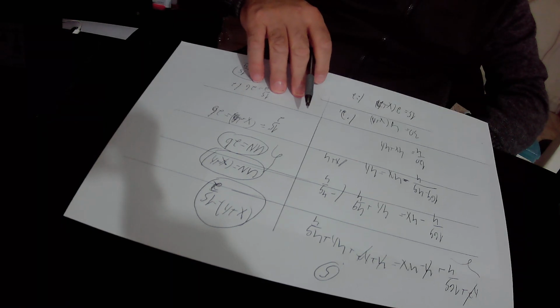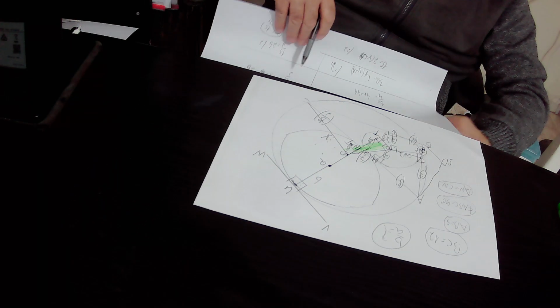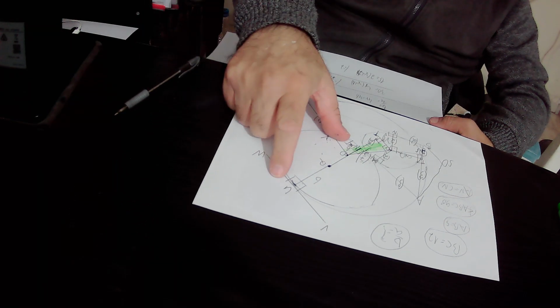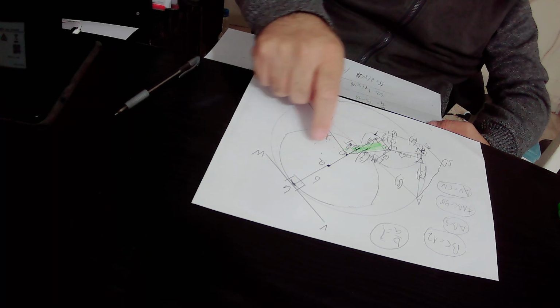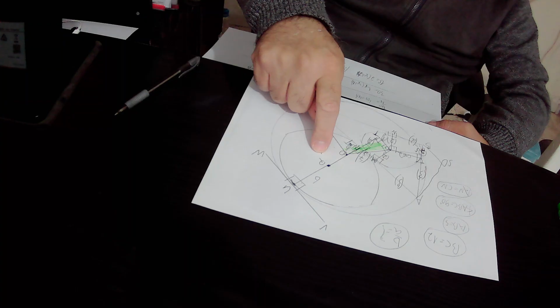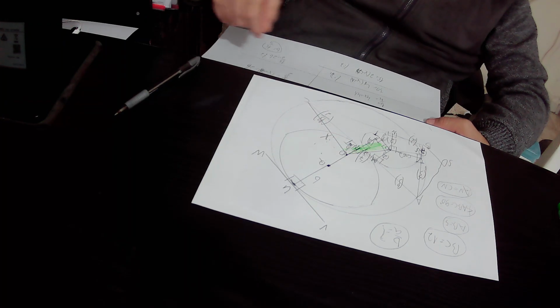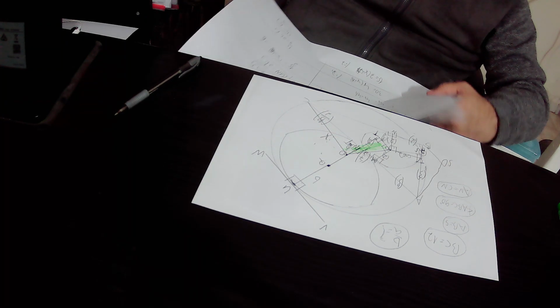Then we found out what the length of line segment UN is. The length of line segment UN is UO plus ON. So UN equals UO, that is x, plus ON, that is h. So in total UN equals x plus h.